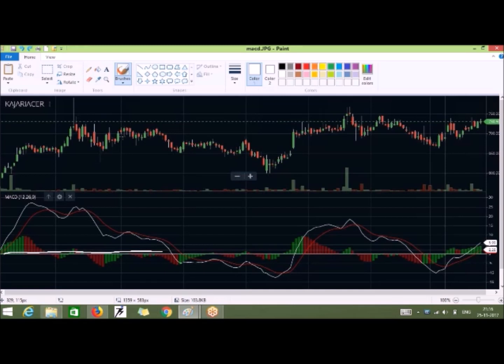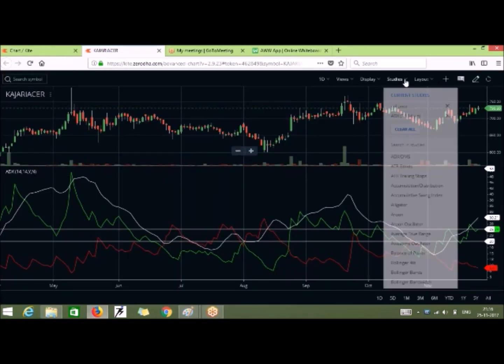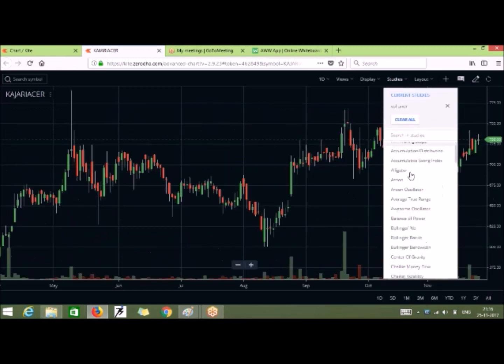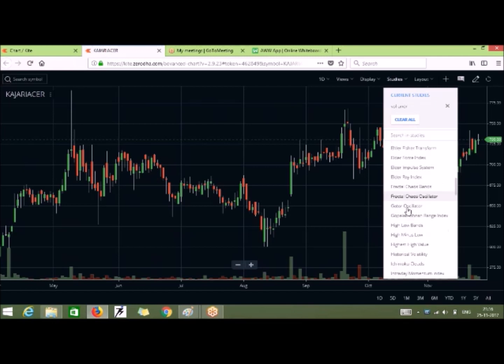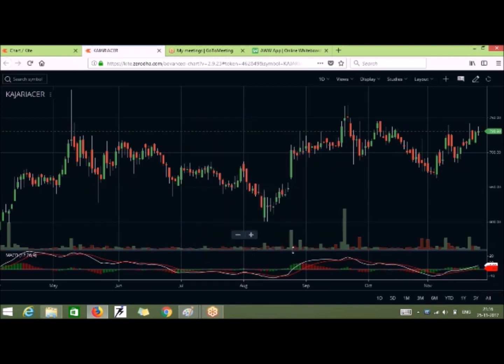How do you enable it? No, that is a part of this setting. Let me show. Here, if we take MACD, here it is. So increasing bar and decreasing bar are already given. Okay, got it.